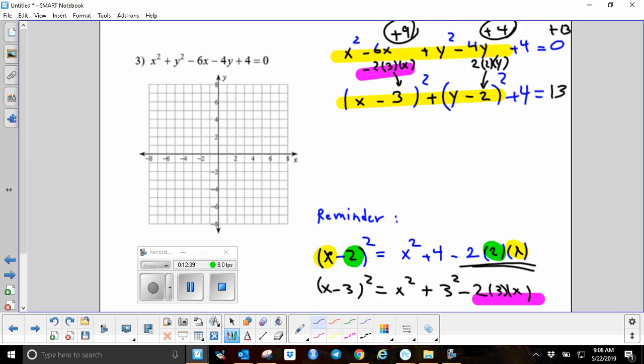That's my equation so far. Minus 4 or put right side equals 9.